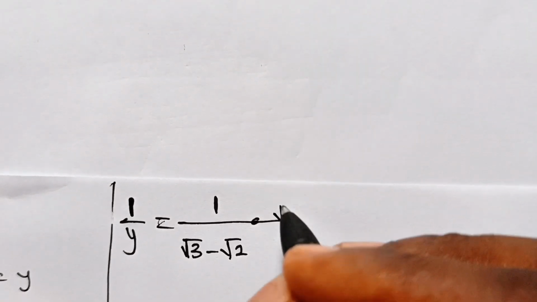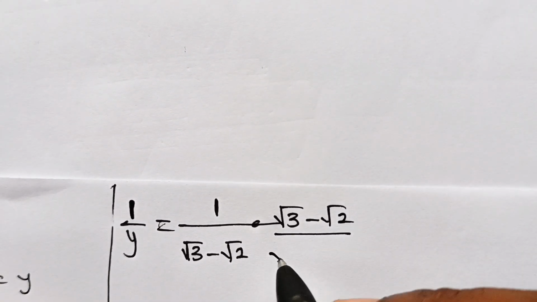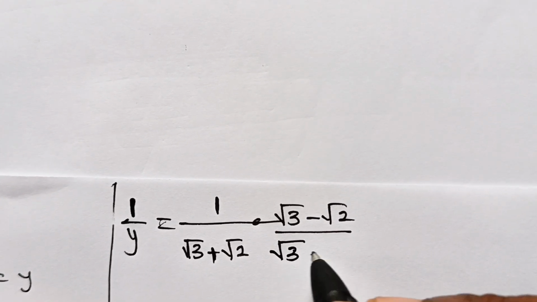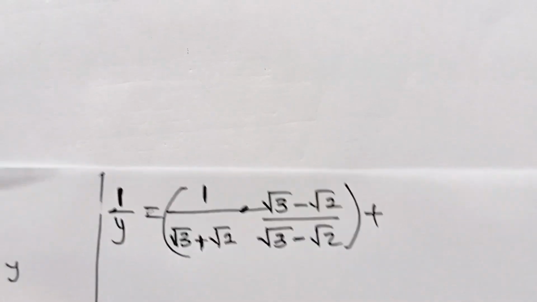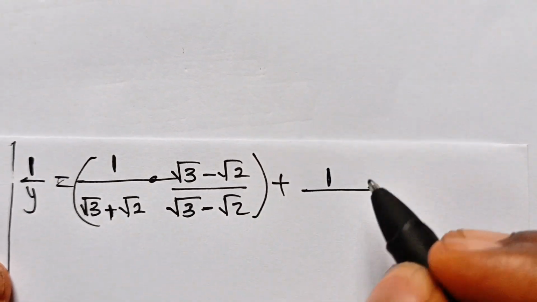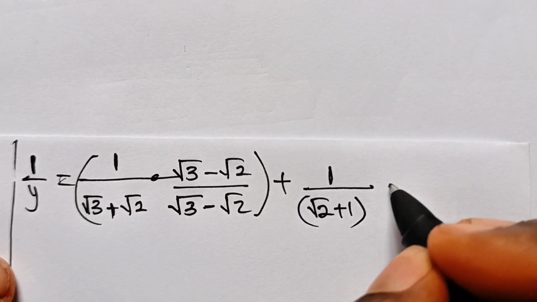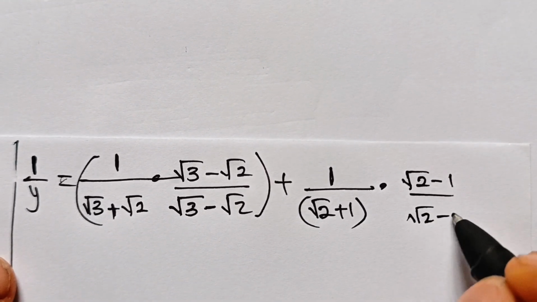Let me just write everything here so that we can easily continue. So I'm actually copying what we wrote the other side. So this is plus, but this is minus the conjugate. Okay, then we added it to 1 over root 2 plus 1 multiplied by root 2 minus 1 over root 2 minus 1.